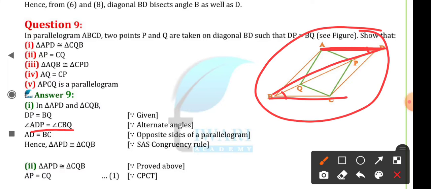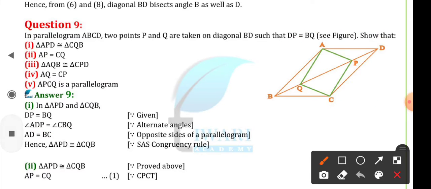So angle this equals angle this, and angle ADP is equal to CBQ. And AD is equal to BC, because these are the opposite sides of the parallelogram. So from SAS congruency, both the triangles are congruent by SAS rule.